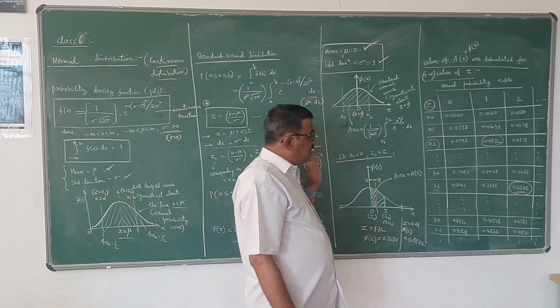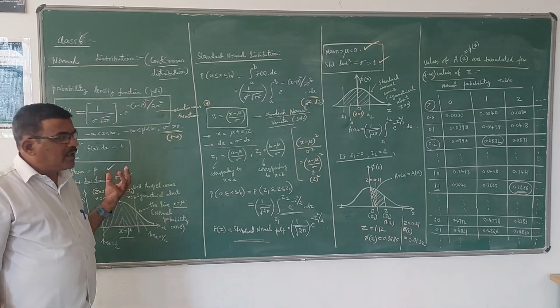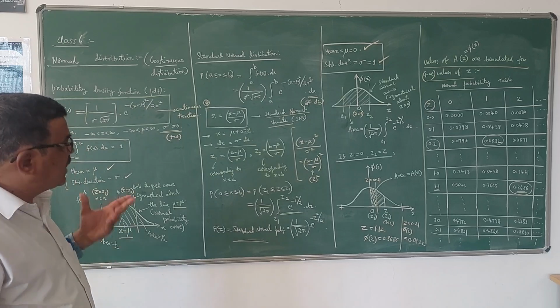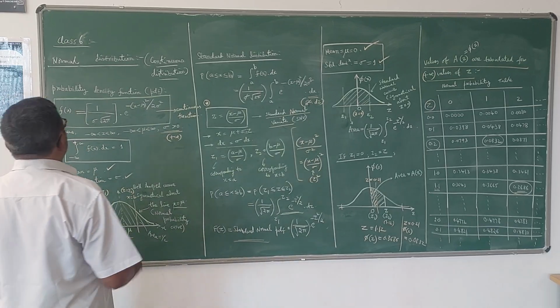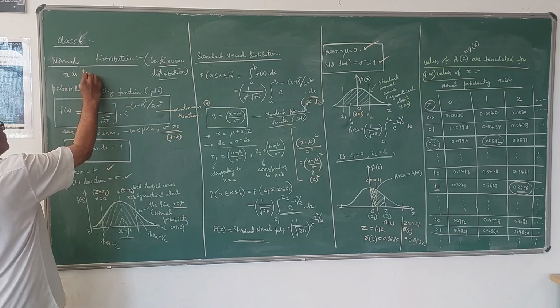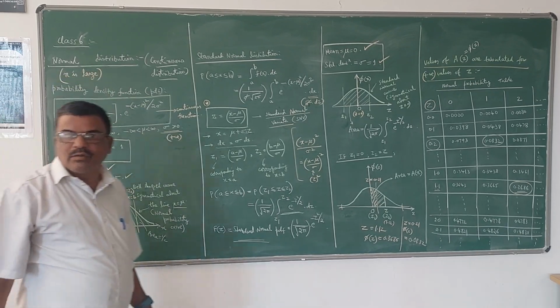So this is the fundamental concept of normal distribution and standard normal distribution. This normal distribution you can use when n is large, when the number of readings or records are more.